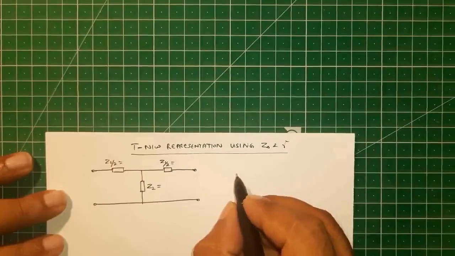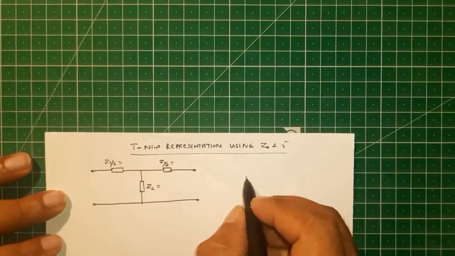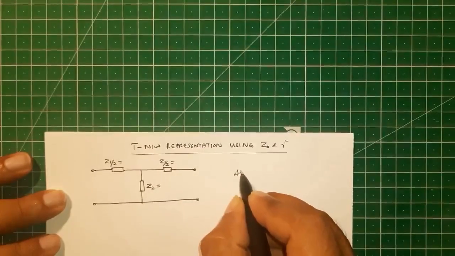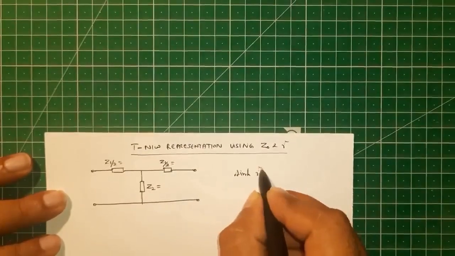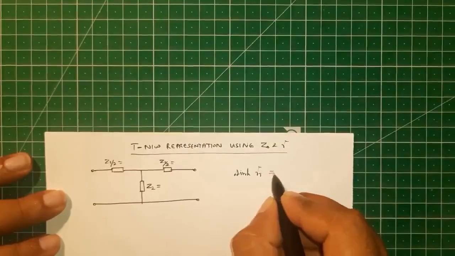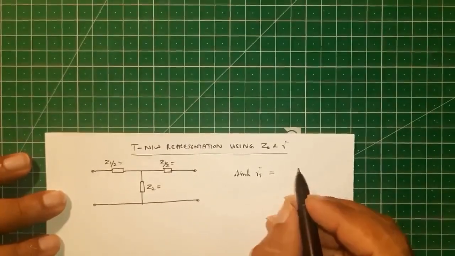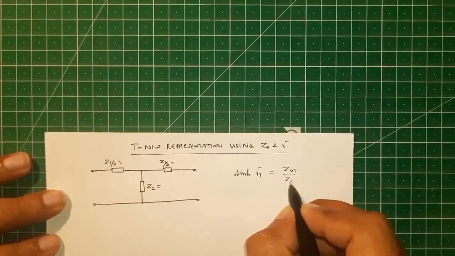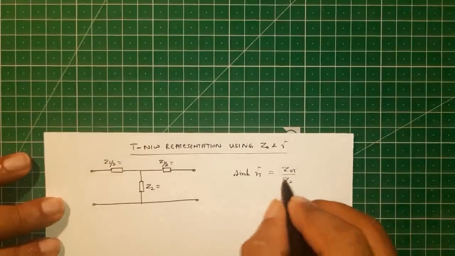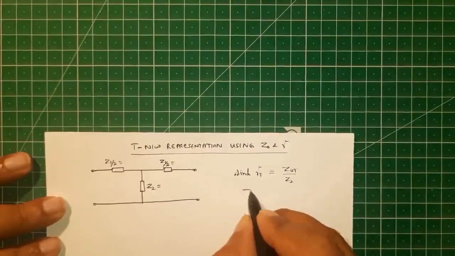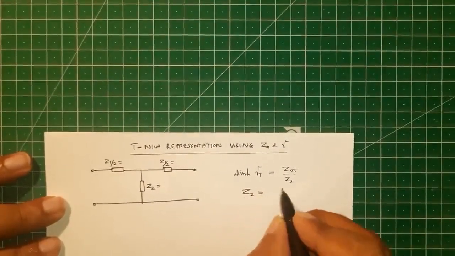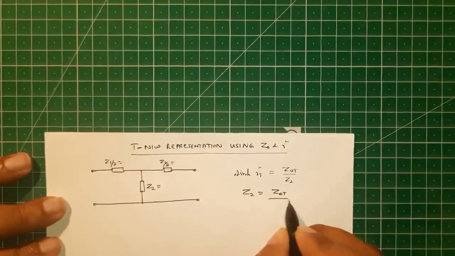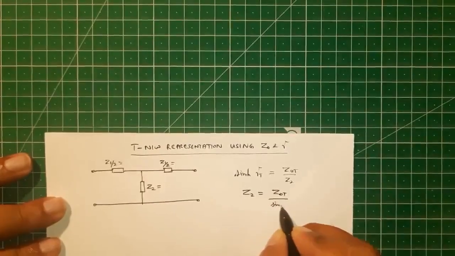So in the previous lecture, we have derived two relationships. One is sinh gamma l for a T network is equal to Z0T by Z2. So on cross multiplying this, you can get Z2 in terms of Z0T as well as sinh gamma l.